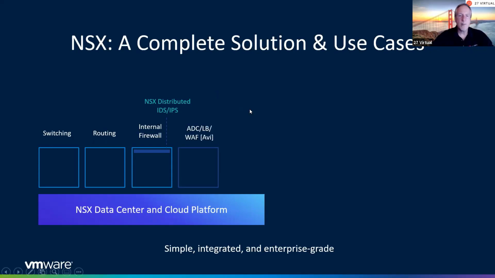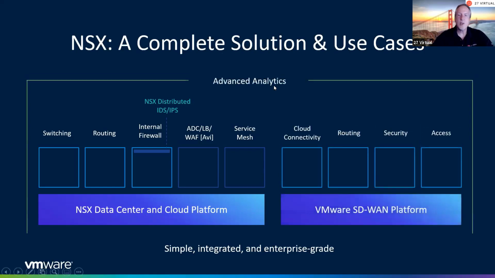The AVI Advanced Load Balancer and Service Mesh for modern applications to secure those modern services. And then we also integrate with the SD-WAN platform, giving us a true end-to-end solution and networking security both in the data center, on the edge, to your branch offices, everywhere, with full integration of NSX security included also in the VMware SD-WAN platform. So it's integrated, it's simple to deploy, and it's enterprise grade, proven and tested in large enterprises today.